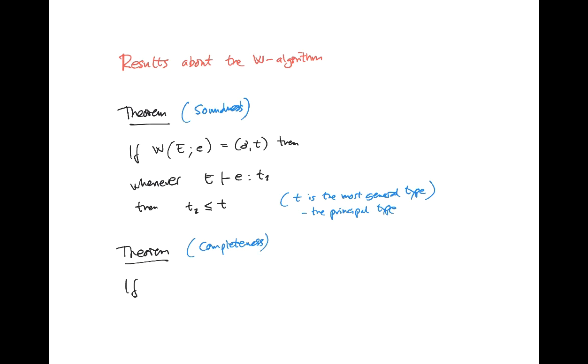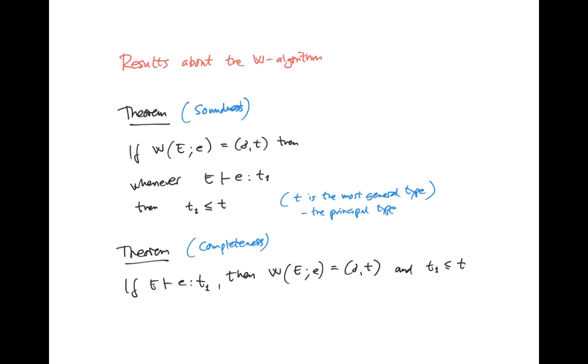It says that if E has the type T according to a type environment E, then actually it's the case that if we call the W algorithm with E and we get back a substitution and a type T, then whatever type T1 E may have in the type system, it's a specialization of the type that the W algorithm finds.